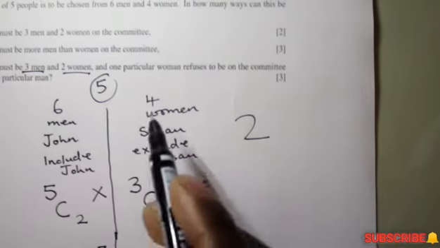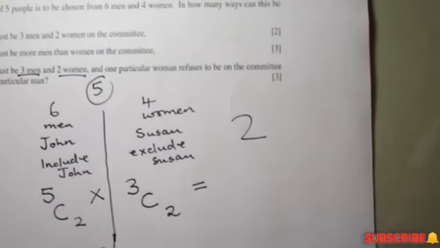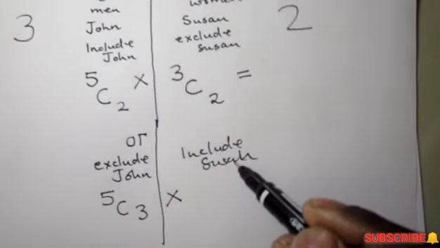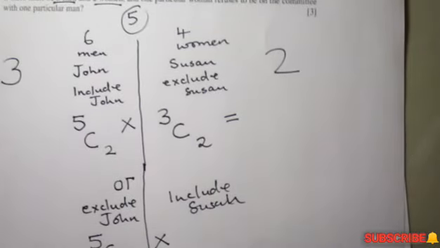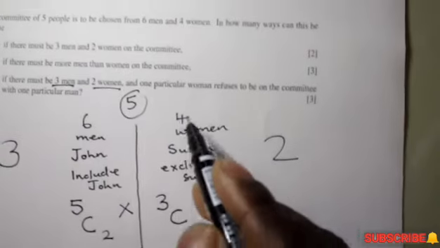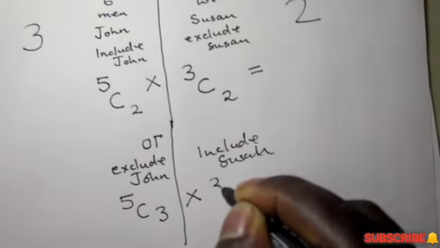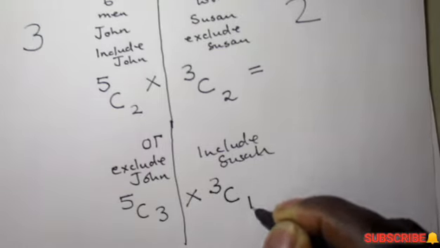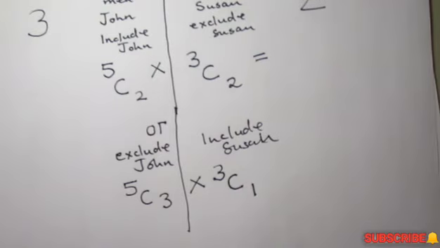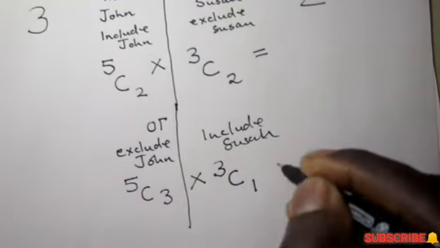Right, so since Susan is included, now we have an automatic seat. Hence, Susan must not be chosen. So when choosing, you have to list this 4 minus Susan, and the number of ladies to be chosen are 3. And of the 3 ladies to be chosen, you just need to pick 1 lady, since Susan is the second lady already with a seat in the committee. So this is the second combination.